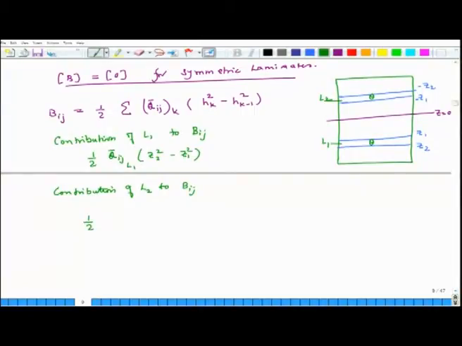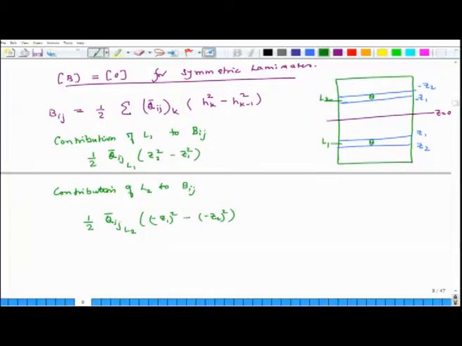It will be half Qij bar for layer L2 times Hk square minus Hk minus 1 square. So, Hk is minus Z1 square minus Z2 square.